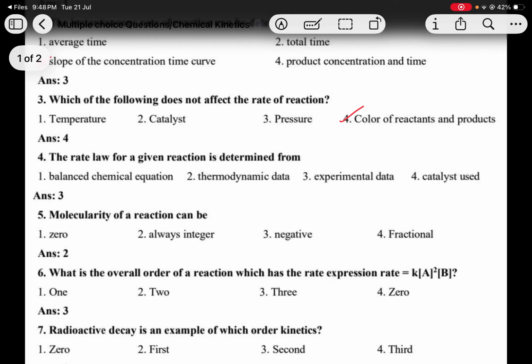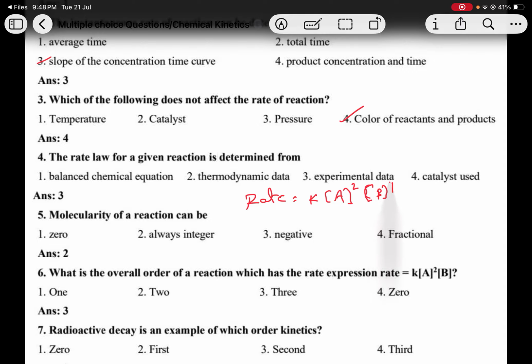Next, fourth one, the rate law for a given reaction is determined from balanced chemical equation, thermodynamic data, experimental data. Fourth one is catalyst used. So for this rate law, for example, rate equal to K into A square B power 1.